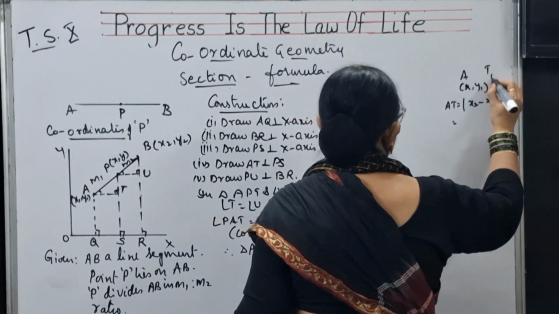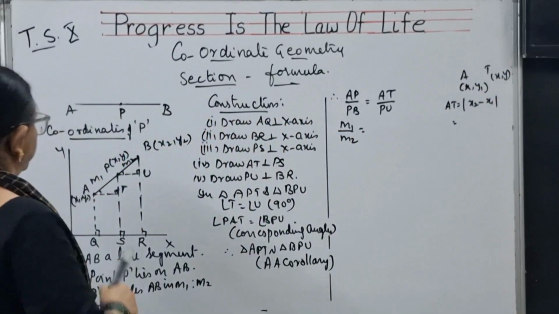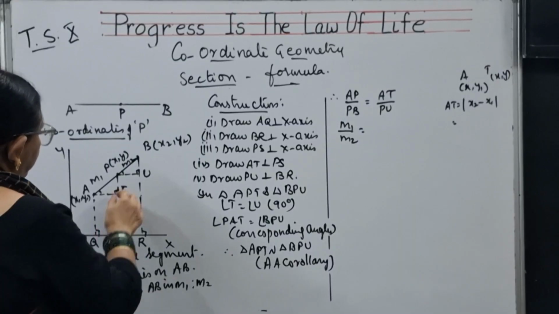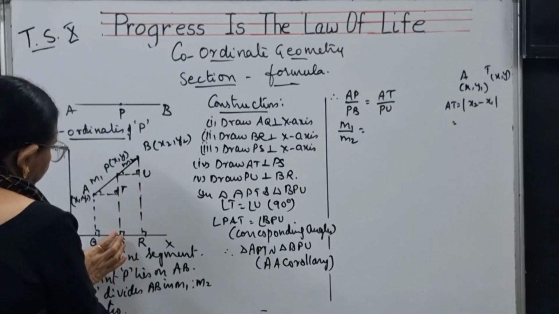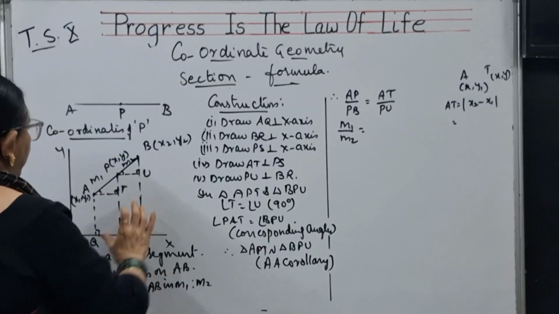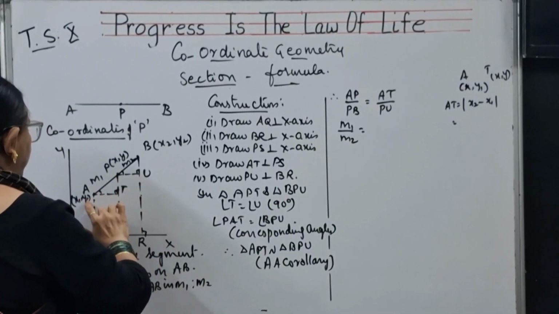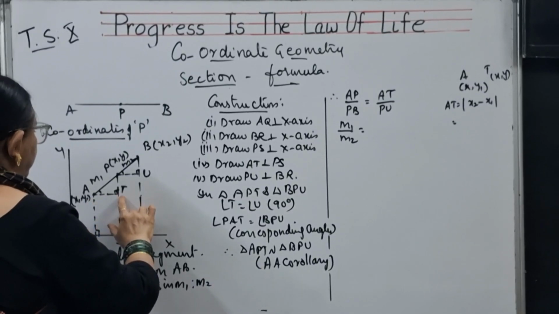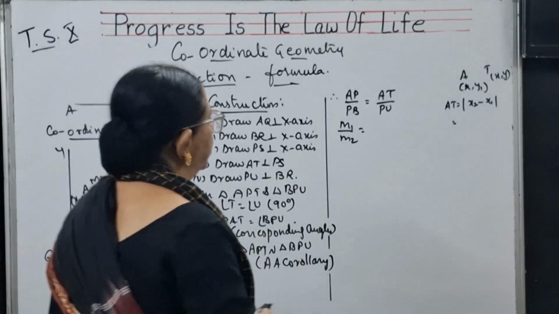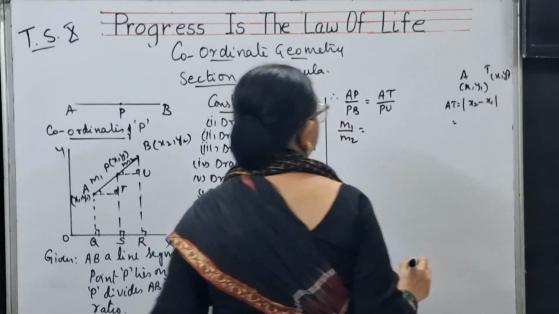T also is considered as x. If this is x comma y, this distance is x anywhere. And this distance is y1. So T is x comma y1.